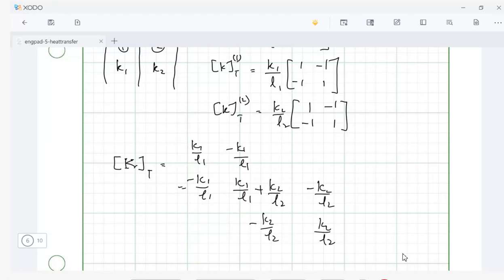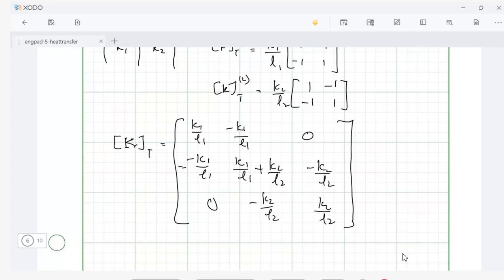And of course, this is going to be 0 and 0, 0 and 0. So this is the element conductivity, global connected thermal conductivity matrix.